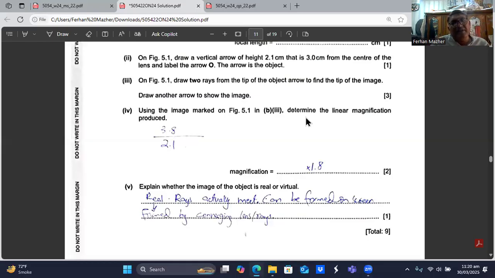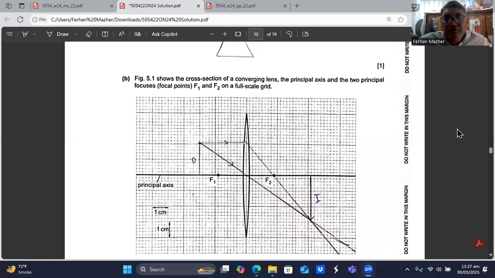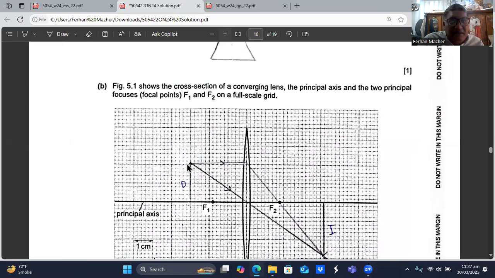But she wrote 3.8 divided by 2.1, and that is 1.8. So let me get my calculator and let's see what that is. I have checked it again and again, and the technique is right, but you see here she has made a little mistake. The line should have started from here, 2.1, and then it should have gone very parallel to the principal axis.